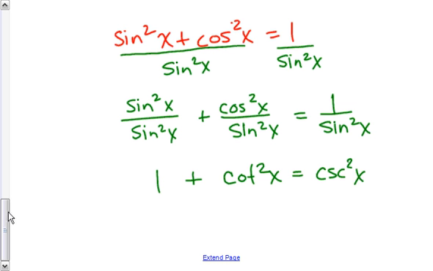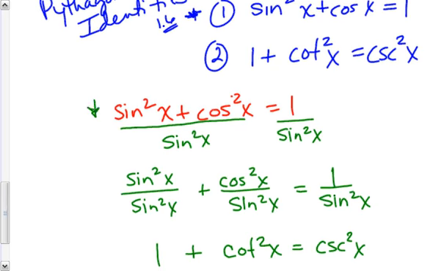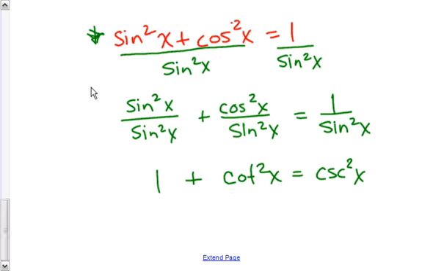So I just proved to you that we can get from one we already knew was true to the second one that I told you to learn. Everybody following? Okay, so this one you need to learn, that's the second one.